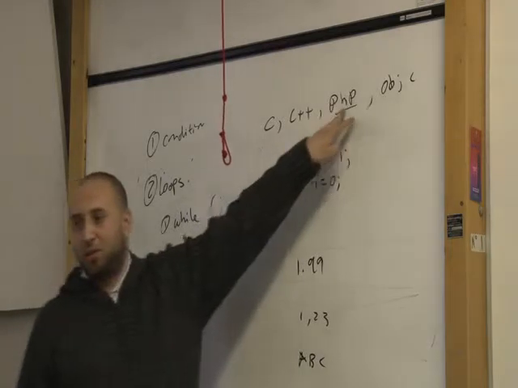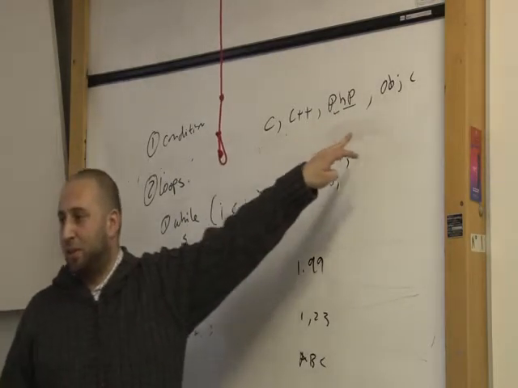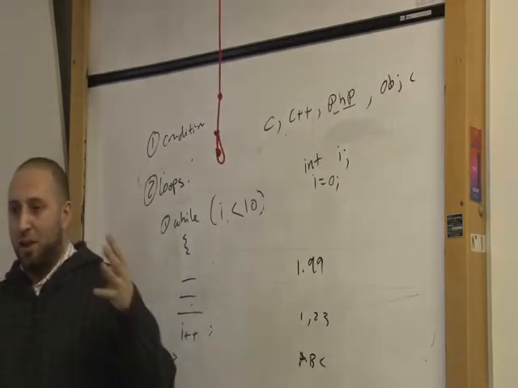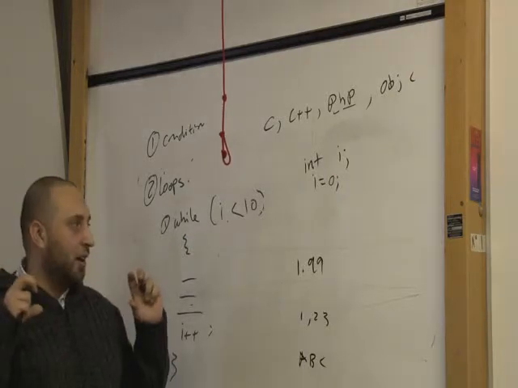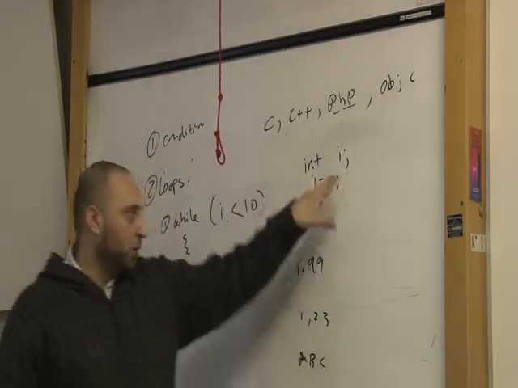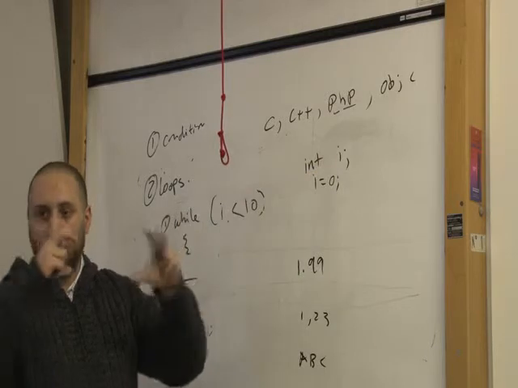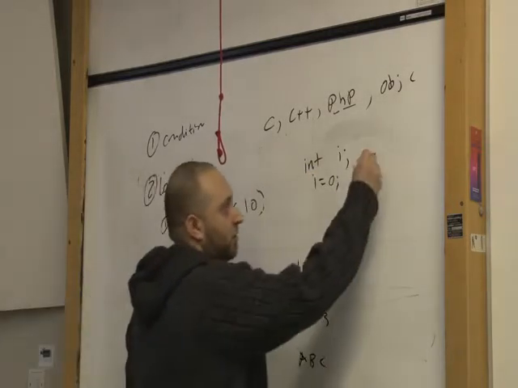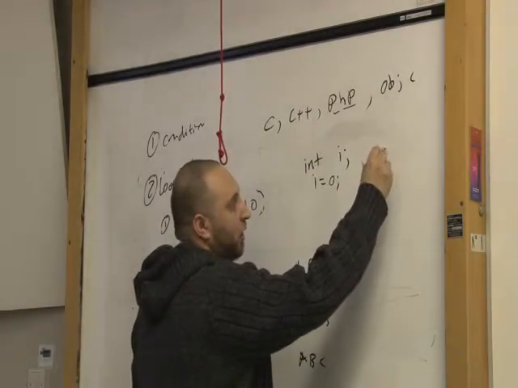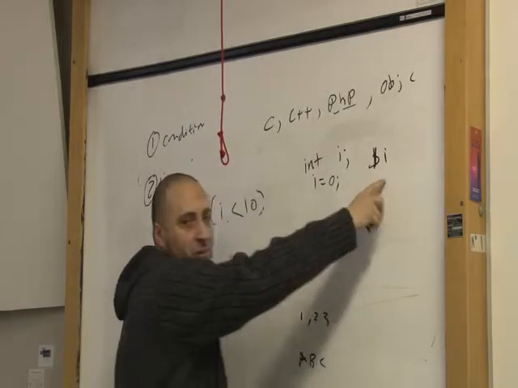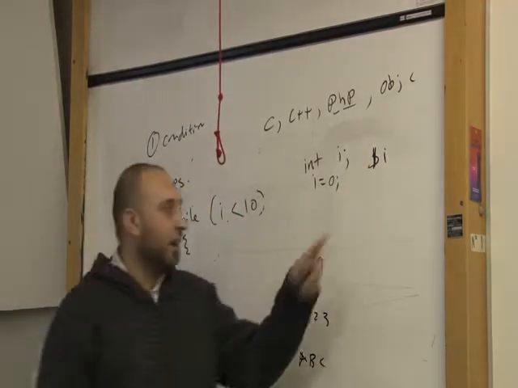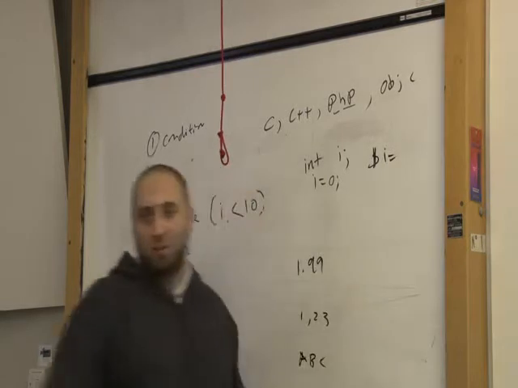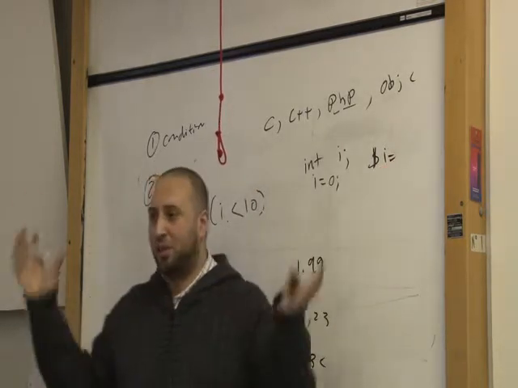In PHP, who's done PHP before? Yeah, in PHP you don't actually need to set a value or the data type. You don't need to give it a data type like integer. You can just put a dollar in front and put an I. As soon as you put the dollar, it's recognized as a variable, and that variable can hold pretty much anything. As you put a number in there, it'll say, oh, it's a number in here.